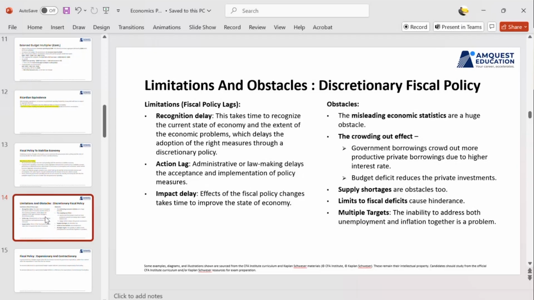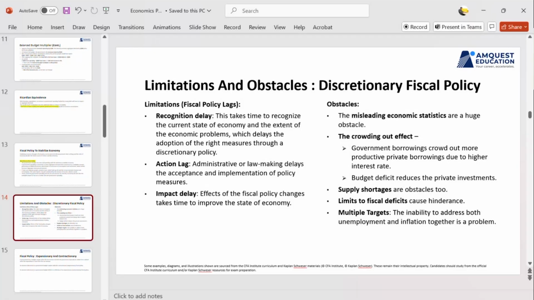Limitation. Now, obviously, the discretionary fiscal policy has its own limitations and obstacles, right? One of the biggest limitations is this. There is a delay. There's a delay in the recognition and the impact. So it could be possible that I have adopted the fiscal policy, let's say, I increased the tax rate, right?